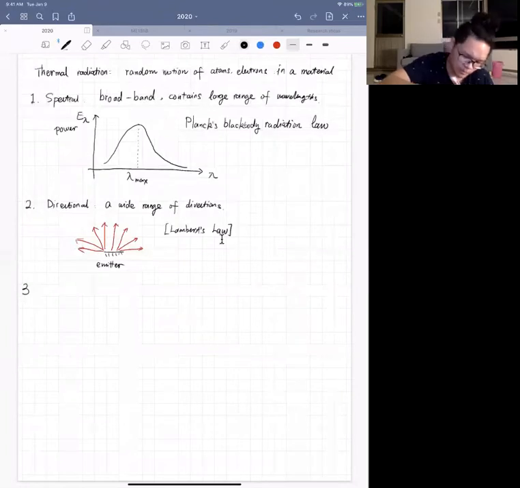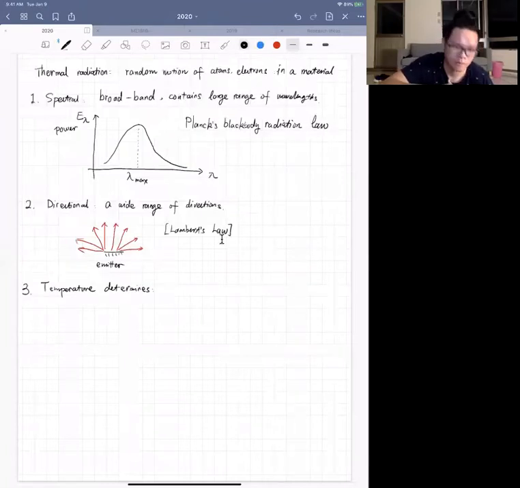And the third property: because thermal radiation is a result of the thermal random motion of microscopic particles, their random motion basically obeys thermodynamics, so temperature plays a very important role. Temperature determines a few things.